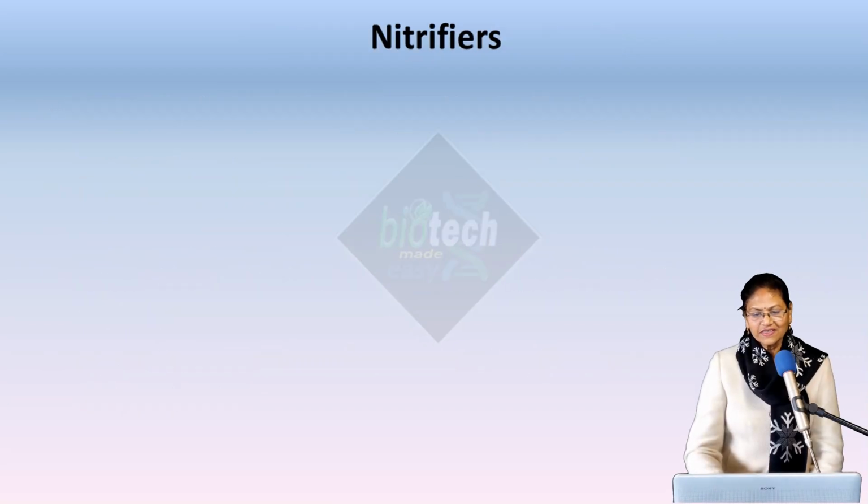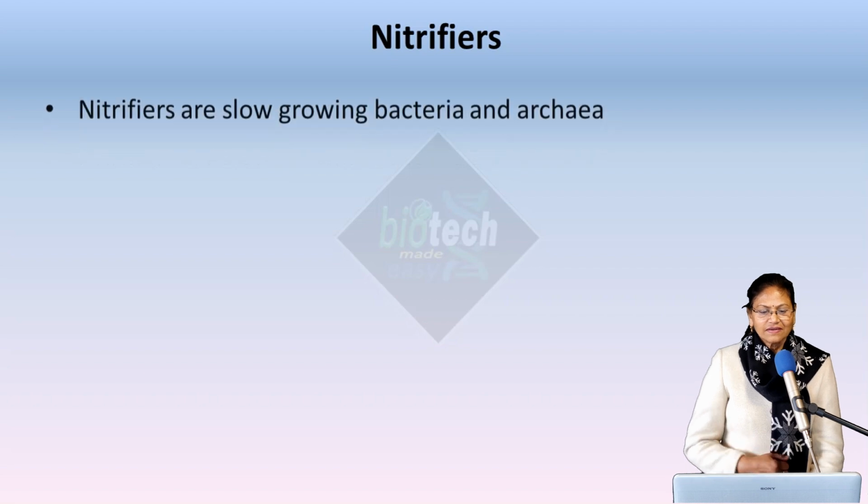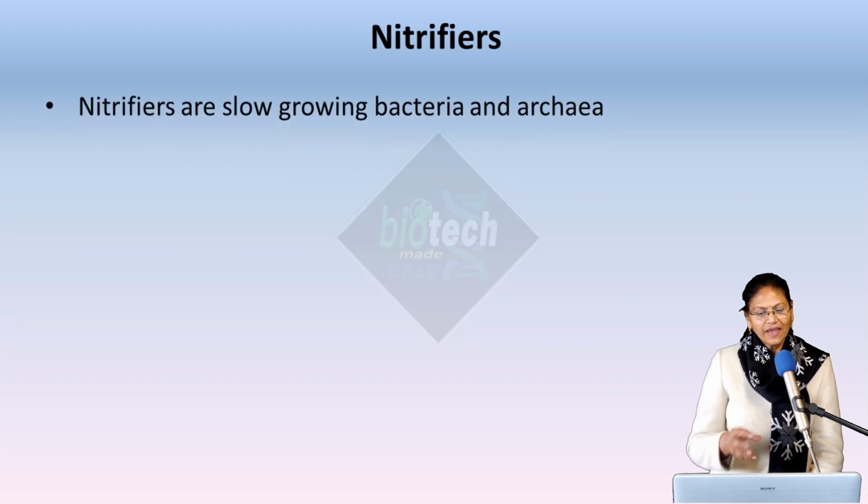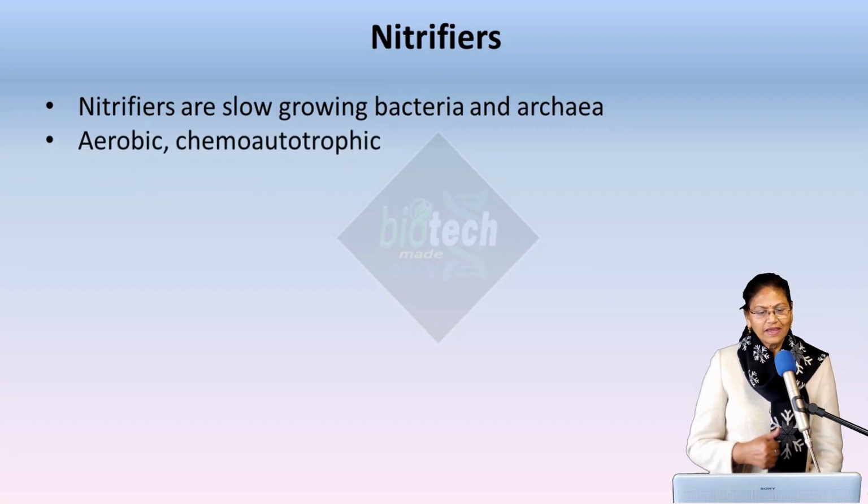The next one is nitrifiers. Nitrifiers are slow growing, and mainly bacteria and archaea are there, and they derive their energy by oxidizing the inorganic nitrogen. And these are aerobic in nature.